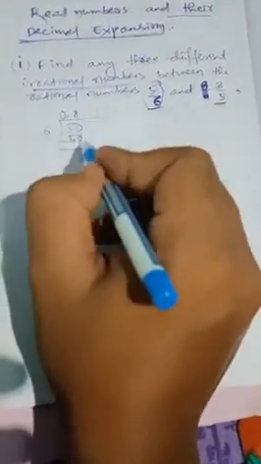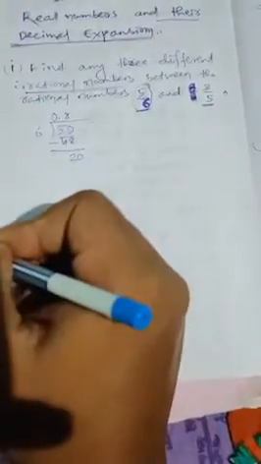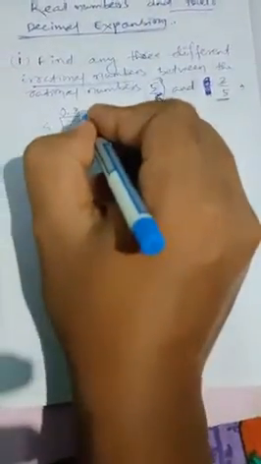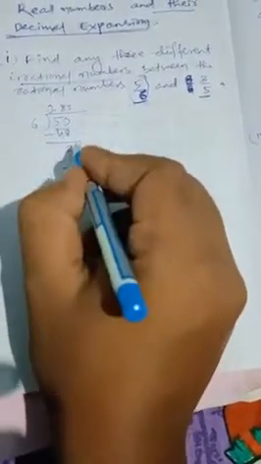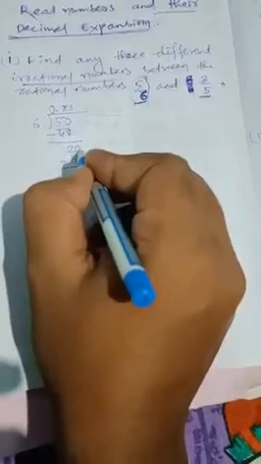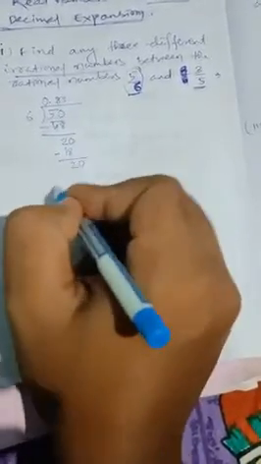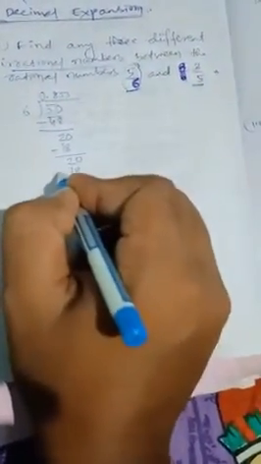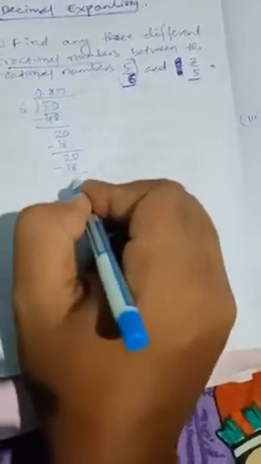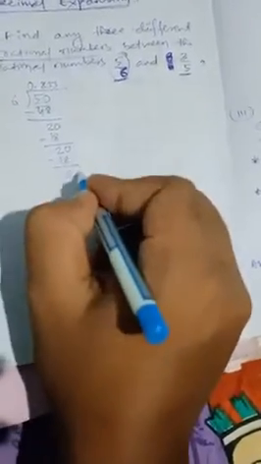Next again a 0 will come. Next 6 3 is 18. If we subtract 18 from 20, we will get 2. Again a 0 will come. Again we will take 6 3 is 18 and 20 minus 18, that will be 2, and this will continue to infinity.